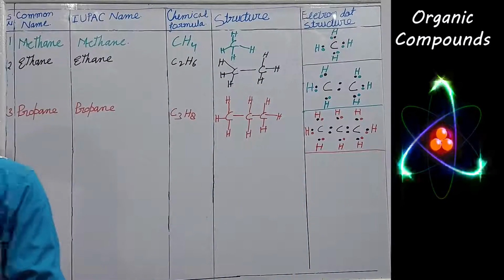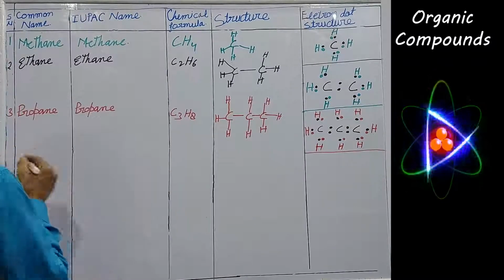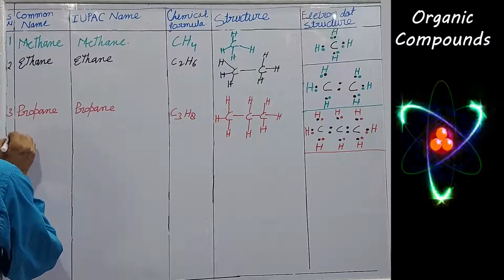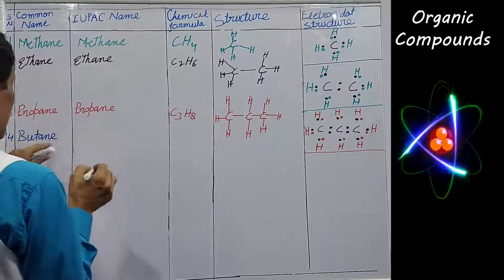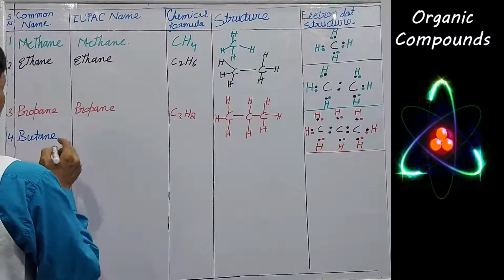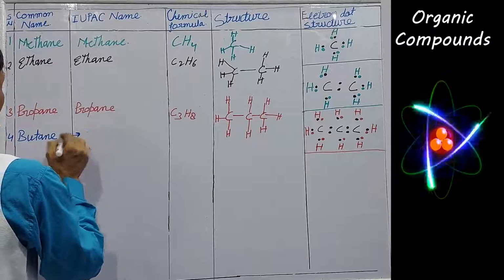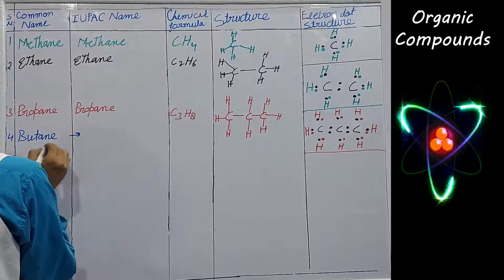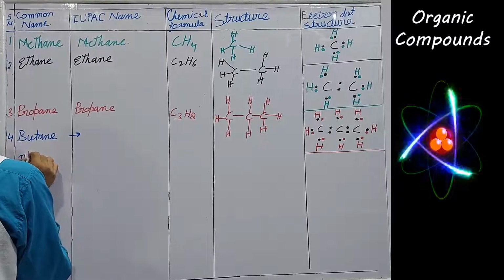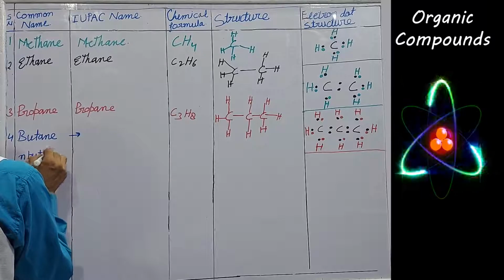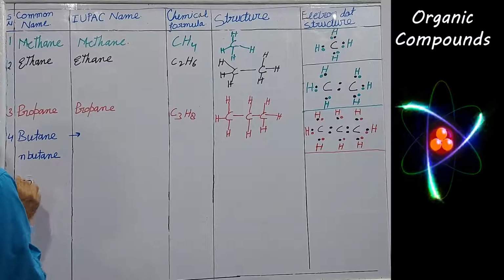Now next is butane, number 4. There are 2 isomers of butane. First is normal butane, and another is isobutane.